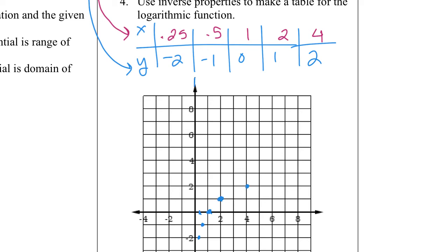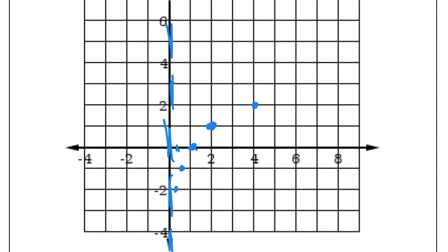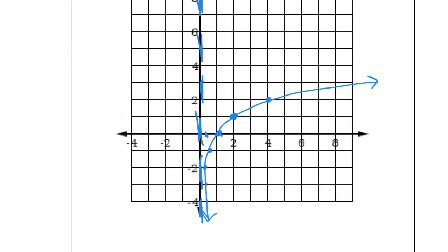Now remember, this has a vertical asymptote here at x equals 0, which is why these numbers down here were getting really hard to graph because they're getting closer and closer to that vertical asymptote. So it makes sense numerically. So if we connect this line with a smooth curve, there's my graph. So this blue dashed line, that's your vertical asymptote at x equals 0.